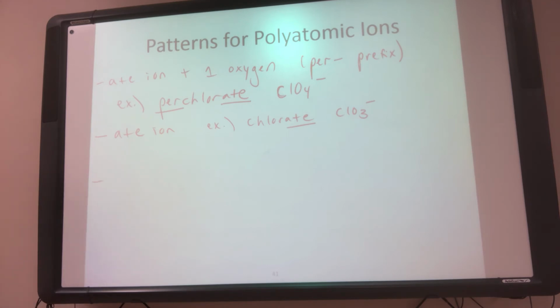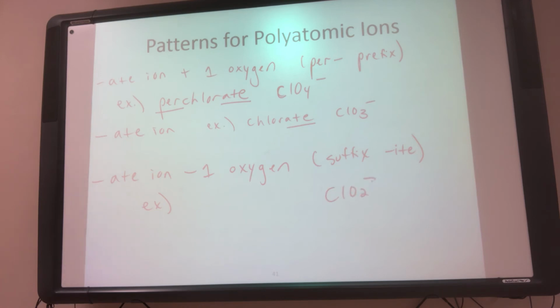Now what if I took my base and I wanted to remove an oxygen? This is where I add the suffix -ite. So back to my example, if ClO3 is the base, now I want to remove an oxygen, so now it's ClO2.